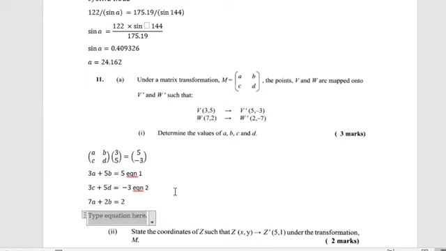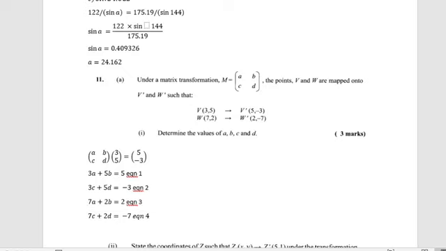And then we'll have 7C plus 2D is equal to negative 7, and this is equation 4. It is from these now that I'm going to solve.